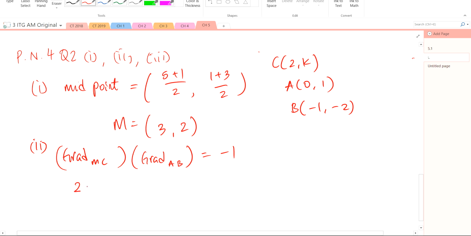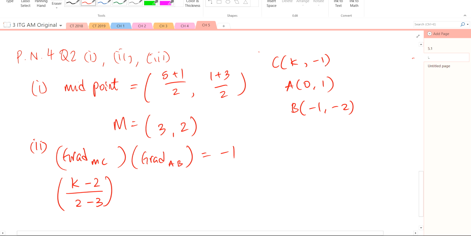2 minus K. Since I'm solving for K, I use K minus 2 over 2 minus 3. This is the gradient for MC. Agree? Yes? Oh, thank you. I saw the wrong question. C is K, -1.